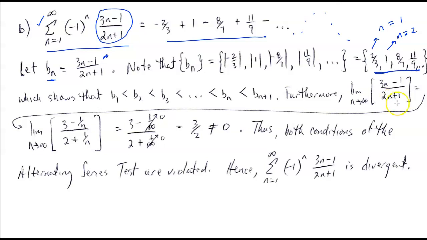Okay. But I go a step further here and I show you that if we actually take the limit of this b sub n part, and of course we rewrite everything and make it look nice. Here all I did is take the numerator divided by 1 divided by n, do the same thing in the denominator, and that's how I got the next step.